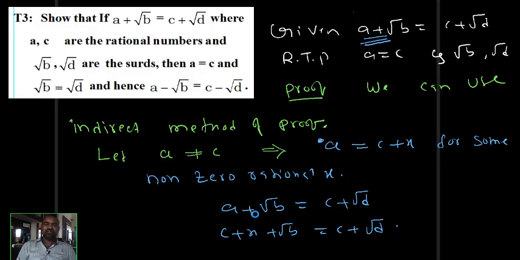Next page I will write. Students, what happened here? The c's get cancelled. So what will we get? x plus root b equal to root d. Again, this is wrong only, no? In the previous theorem we proved that a surd can't be equal to a rational number.